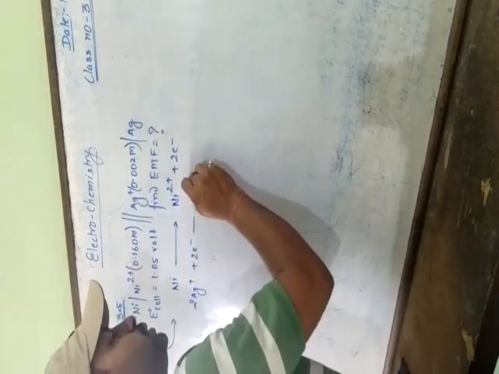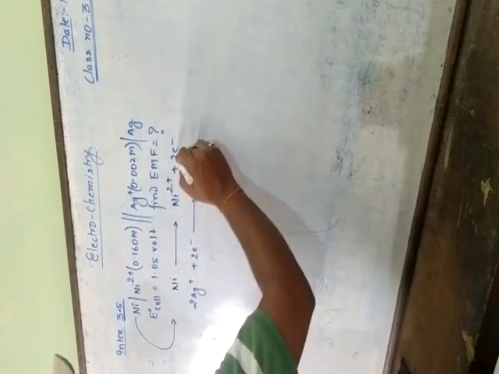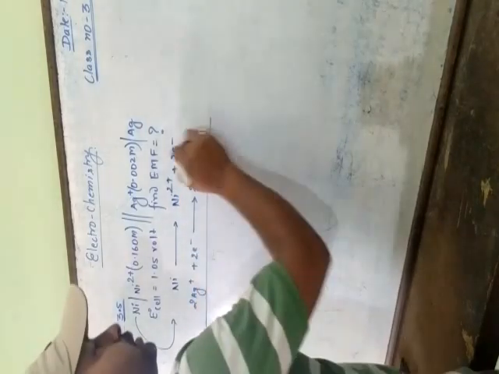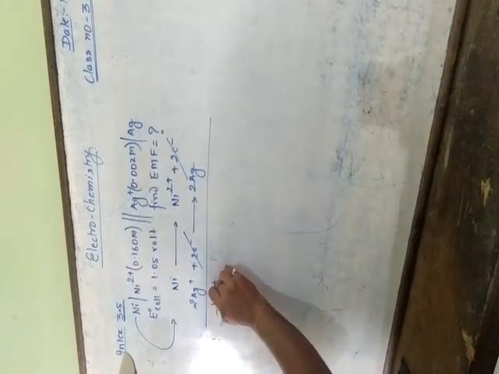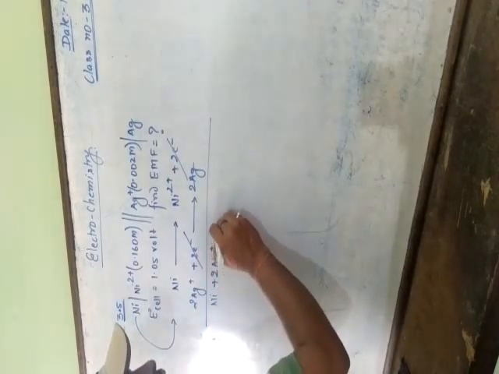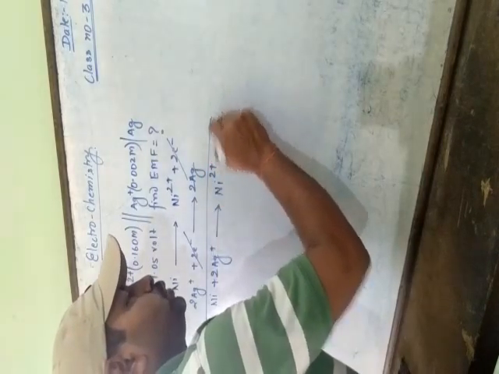Students, we took 2 to balance the equation, and on cancellation of the electrons, we find nickel plus 2Ag+ gives nickel 2+ plus 2Ag.